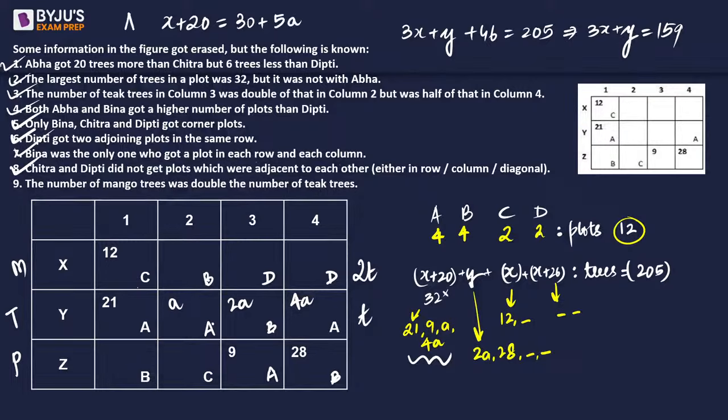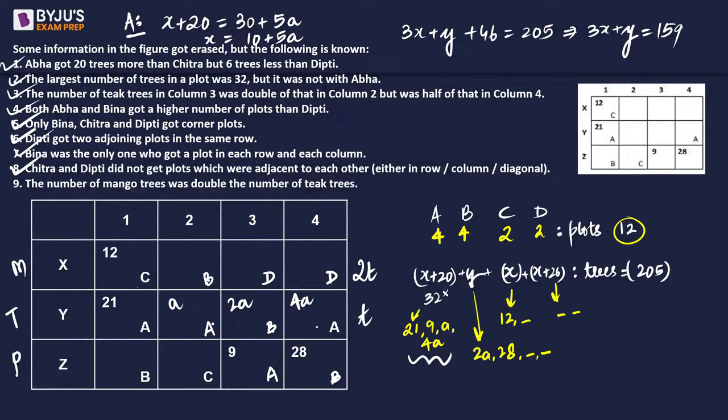I'm talking about a के पास जितने trees है, right? From here, can we say that x is going to be 10 plus 5a? इतना होगा? Okay.